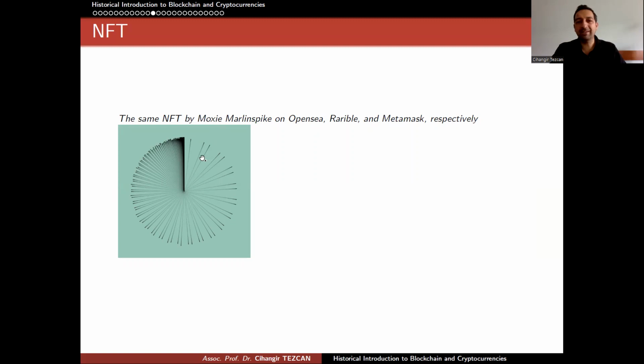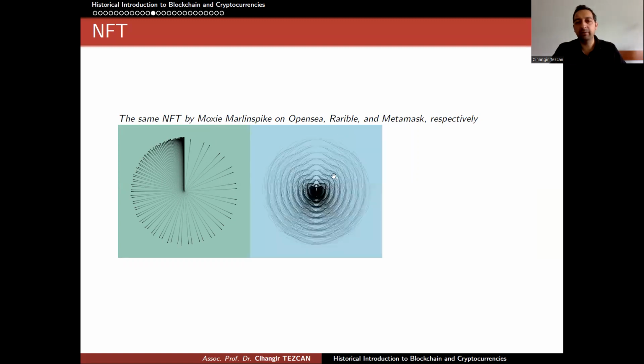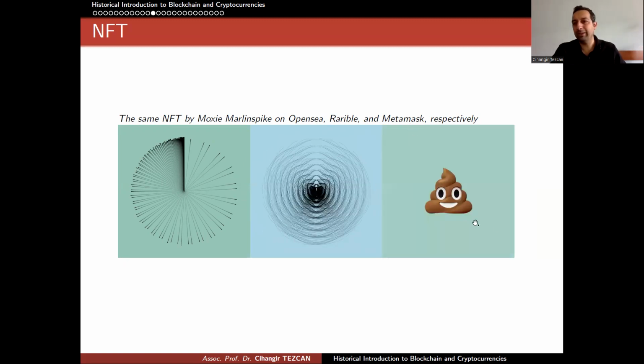But if you look at the same NFT using the Rarible website, it appears like this. And if you buy it in your MetaMask, it will appear like this. So this causes a problem, because on a web page, when you are trying to buy an NFT, it may look like this, but once you buy it, it might look like this in your wallet.